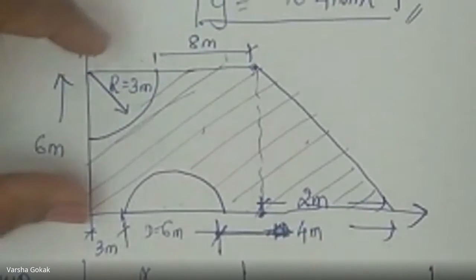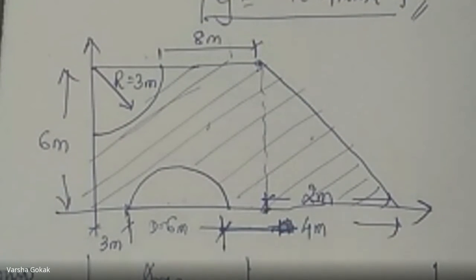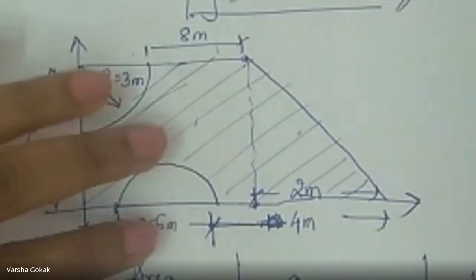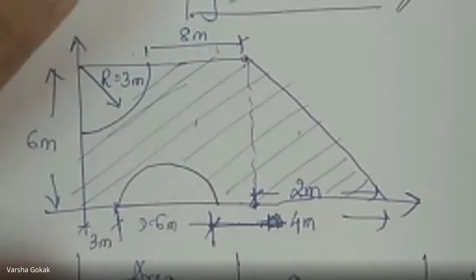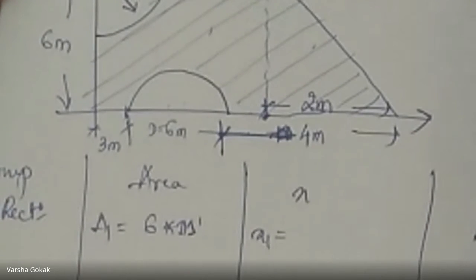This is the area of the rectangle, 6 into 11. 6 into 11, correct. Okay, positive, negative? Positive. The entire figure is in first quadrant. So all x and y are going to be positive. Okay, what about x1?